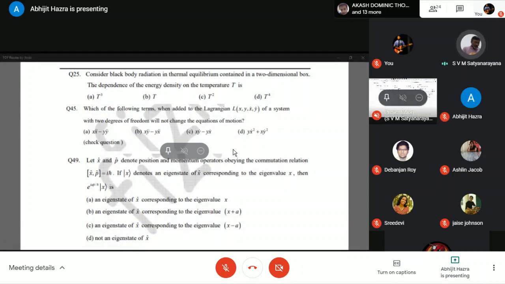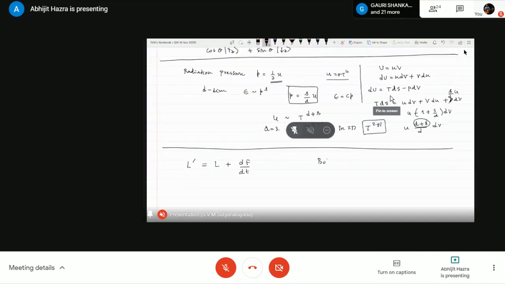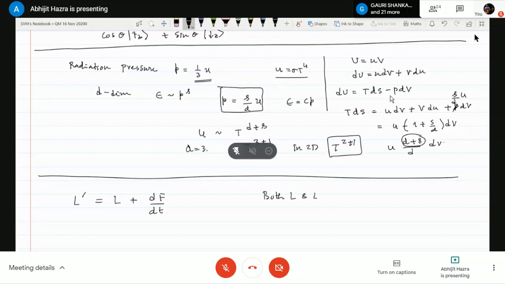If you have Lagrangian prime equal to Lagrangian plus some function which is a total time derivative, then both L and L prime give the same equations.